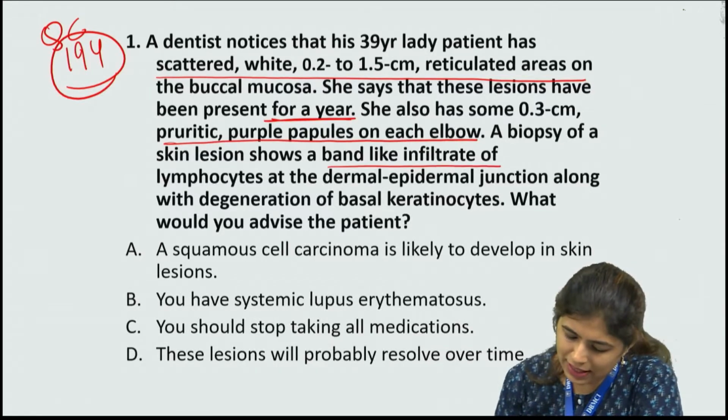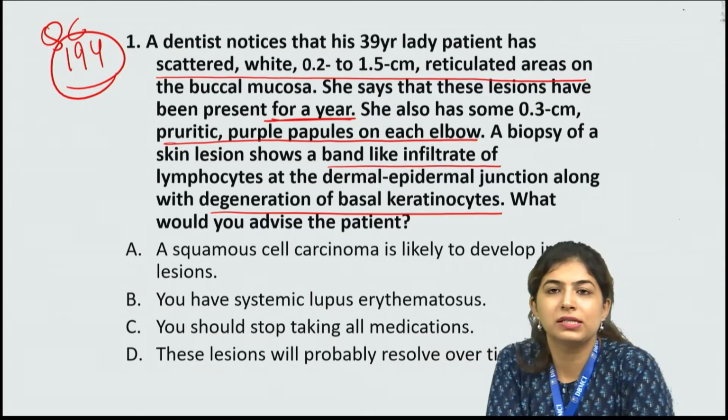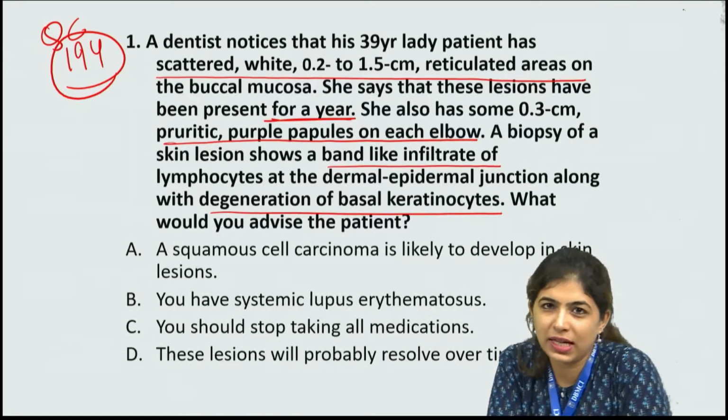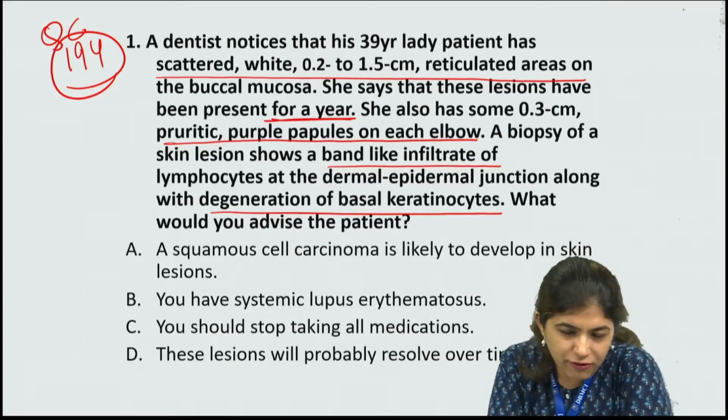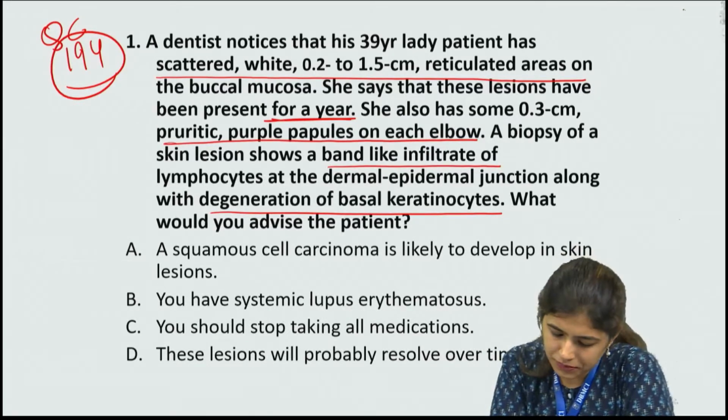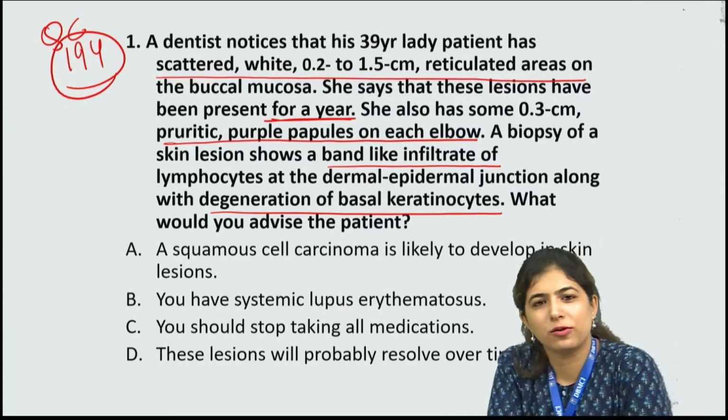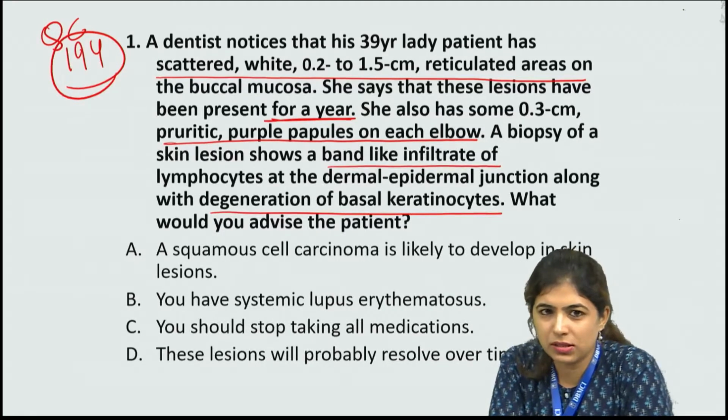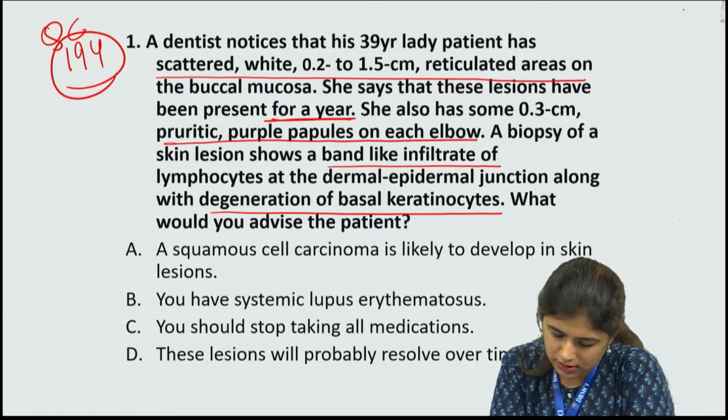Biopsy shows band-like infiltrate at the dermoepidermal junction, along with degeneration of basal keratinocytes. So yes, this is what you read in the question. Fairly easy one, I am sure. All of you can get to this answer. Tell me the diagnosis. Only then will we go through these options.